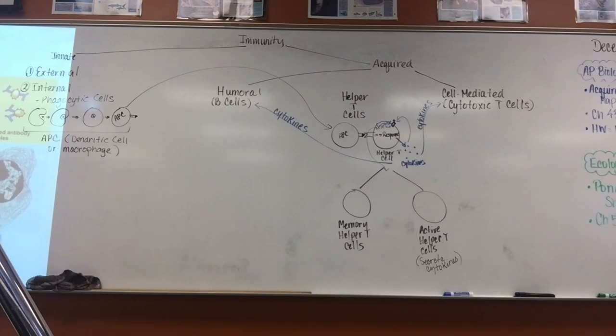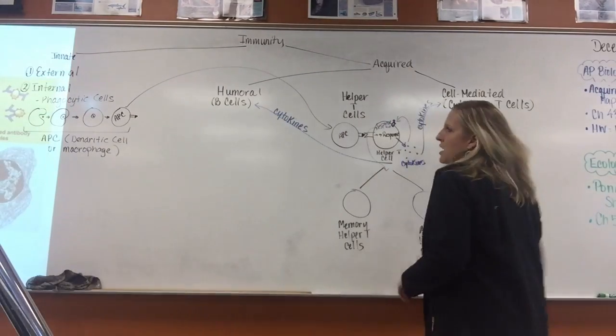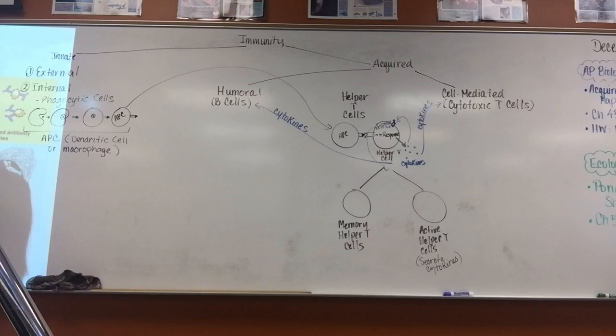Now the B cell, remember that B cells go through clonal selection. So before we even look at any of this here, your B cell has these receptors that the bacteria, in this case here, it's a bacteria, can bind to and have the appropriate shape to bind with the antigen for that particular bacteria.